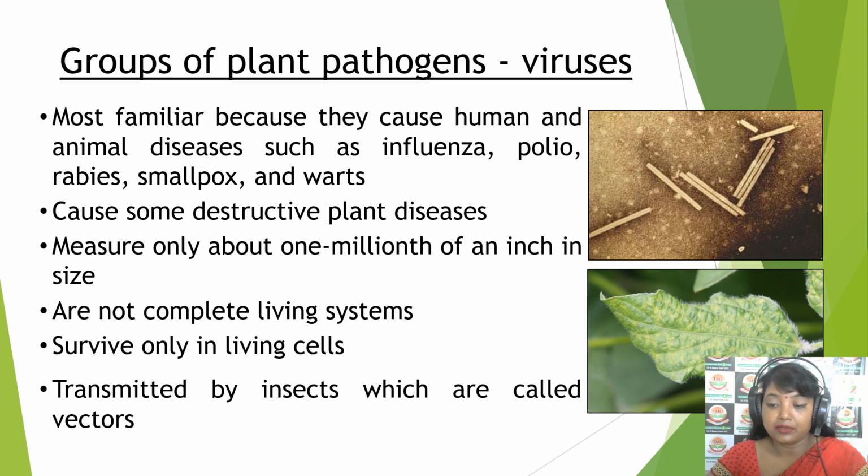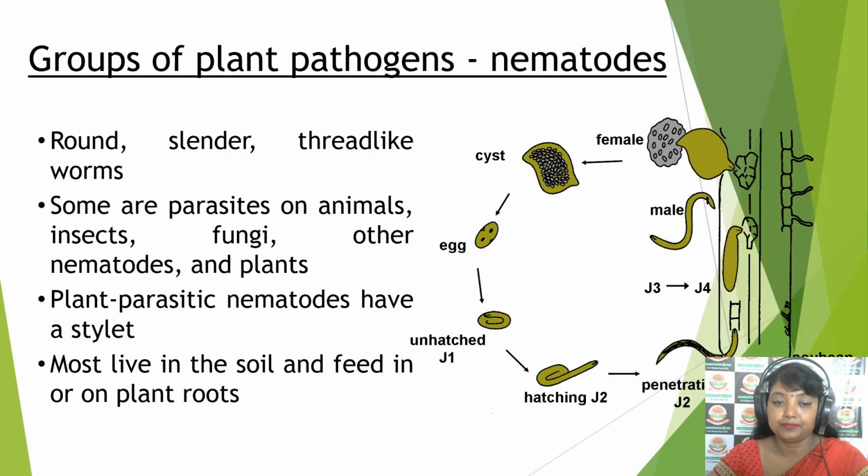So that is the peculiar characteristic of viruses. They survive only in living cells. They are transmitted by insects, which are called vectors. We call the insects which transmit the virus disease to different plants a vector.